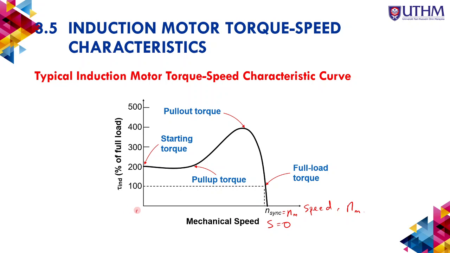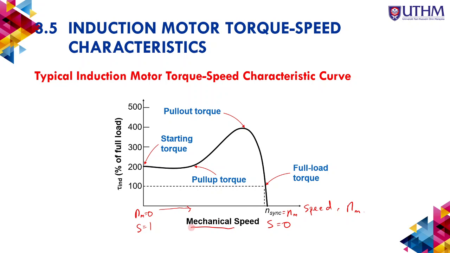When Nm is equal to 0, the slip will be 1. So when moving in this direction, Nm will increase and the slip will decrease.